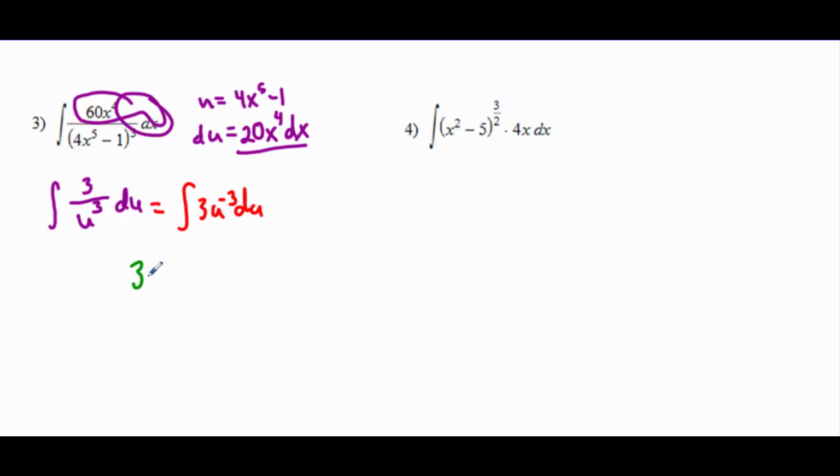So that's 3u to the negative 2 over negative 2, which if I move the u to the negative 2 down to the bottom and put u back in, that gives me 3 over 2 times 4x to the 5th minus 1 to the 2nd power on the bottom plus c.